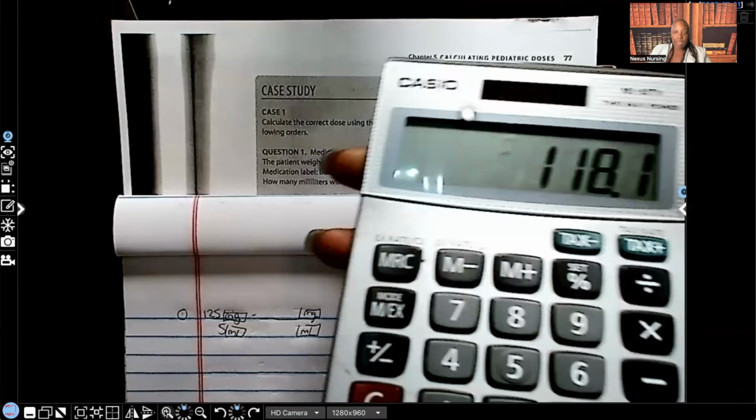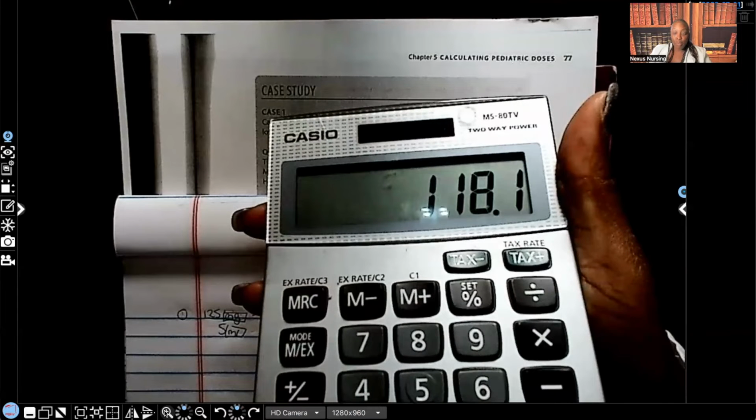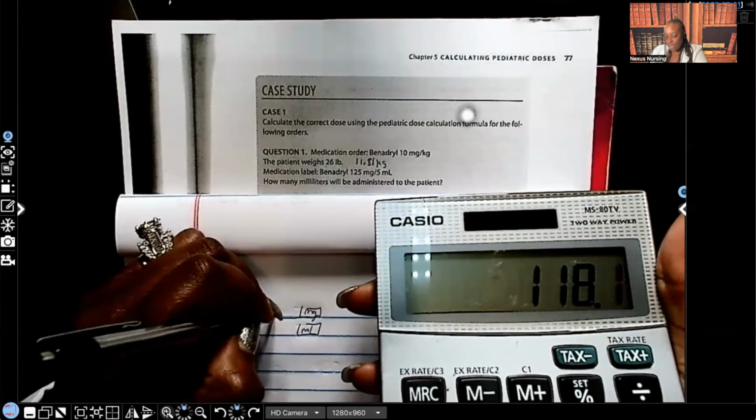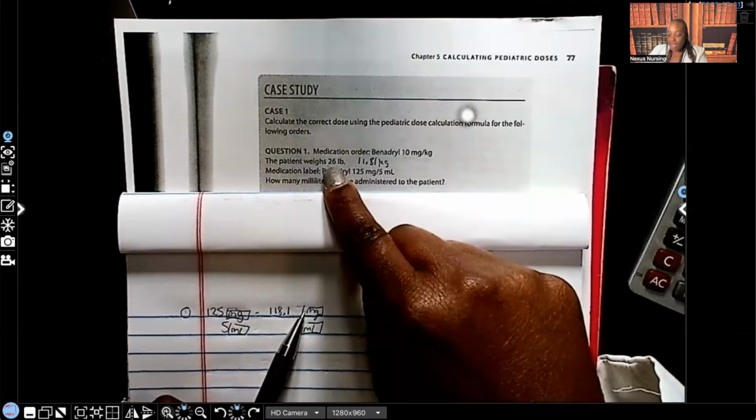Yes, I'm getting 118.1. That 118.1 you're putting up here. 118.1 what? Milligrams. How did I get that? Guys, after I turn my pounds into kilograms, I multiply the answer in kilograms by this up here. And that's how I got here, okay?